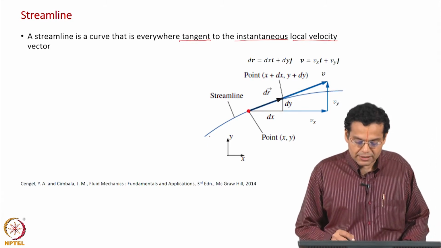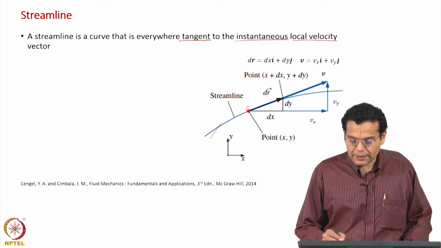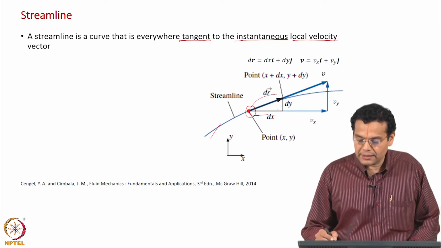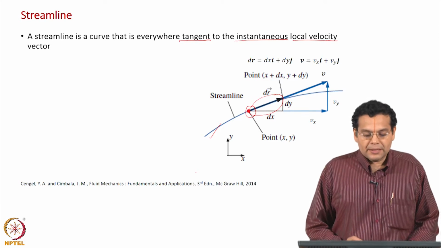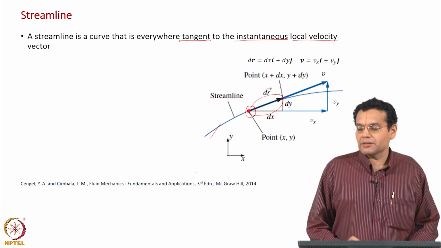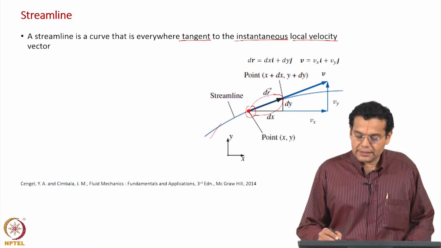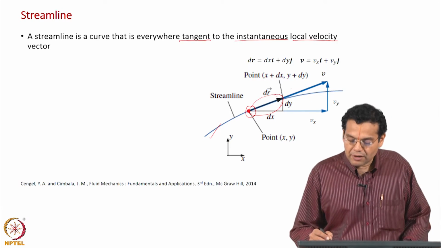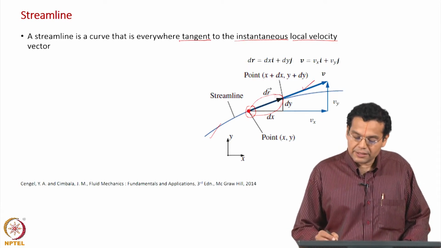What is shown here is a streamline, and I have taken a point x comma y and shown a tangent here. According to the definition, a streamline is a curve that is everywhere tangent to the velocity vector. So, at this point this tangent represents the direction of velocity. That is why a velocity vector is also shown here, along the direction of the tangent.